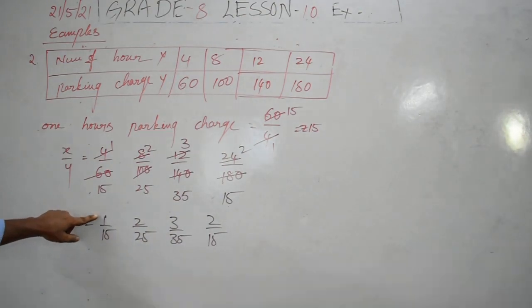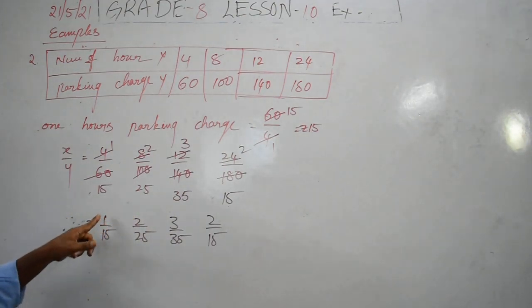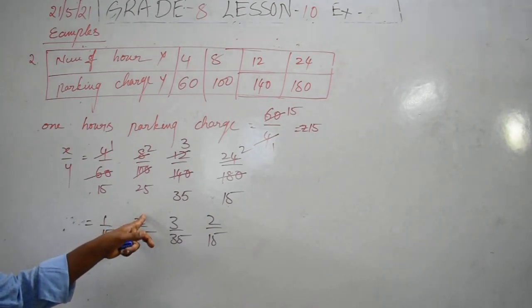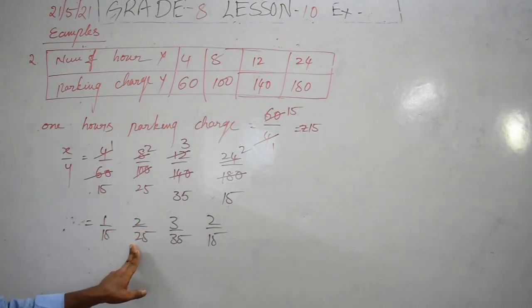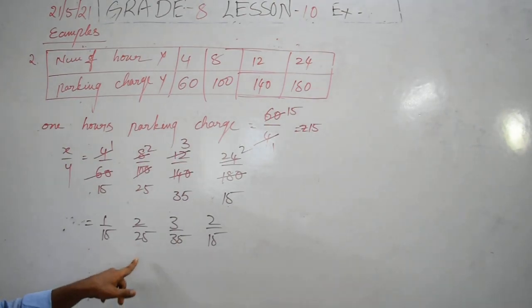Here see, from here to here 1 by 15, so for 2 hours the actual amount is how much? 30, but here given 25.